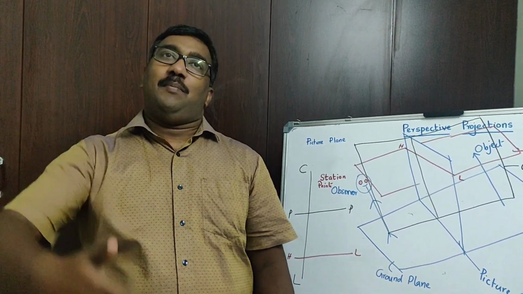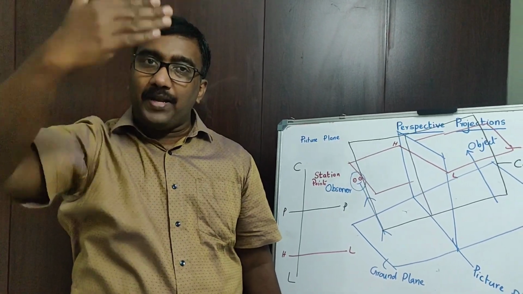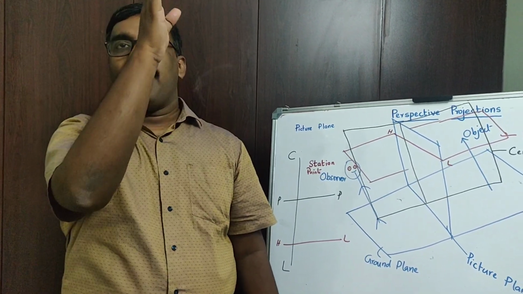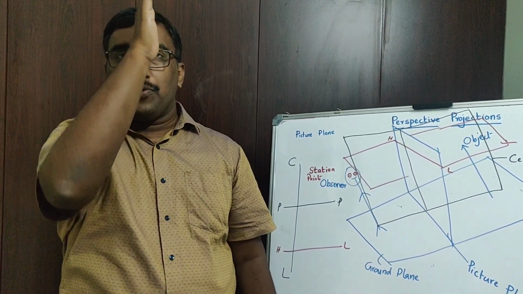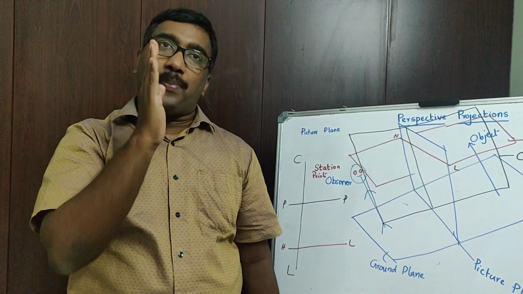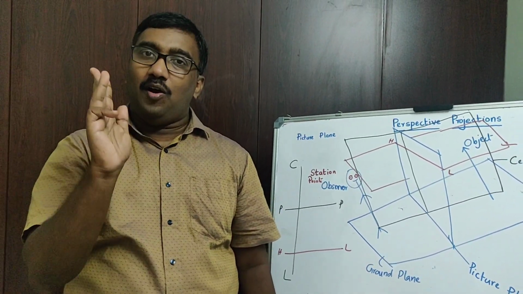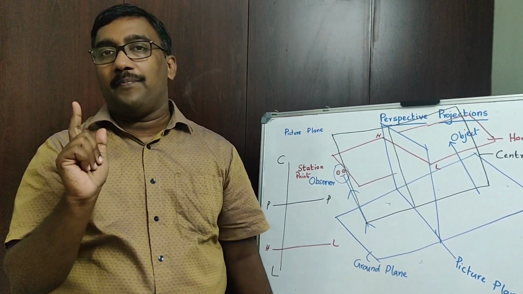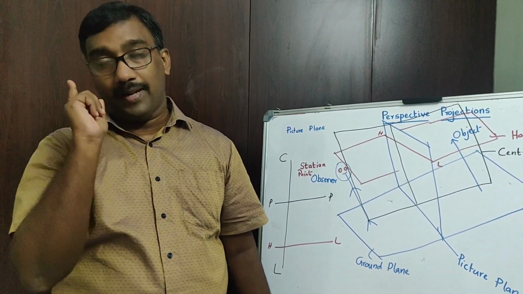You are having picture plane, which is perpendicular to the ground plane. Okay. Now there is another plane which is passing through the station point, perpendicular to picture plane, horizon plane, and the ground plane. That is known as the central plane.